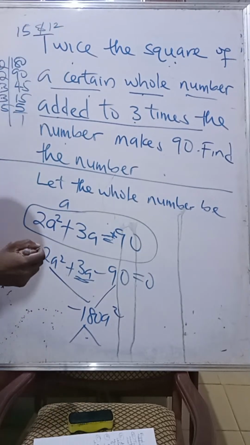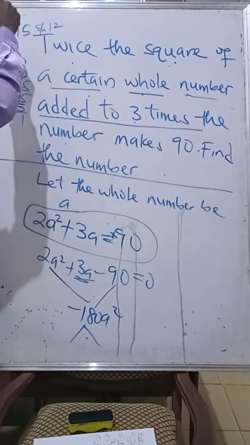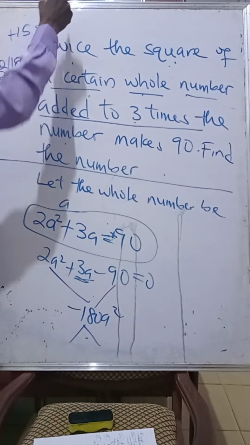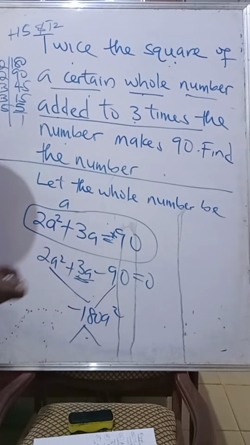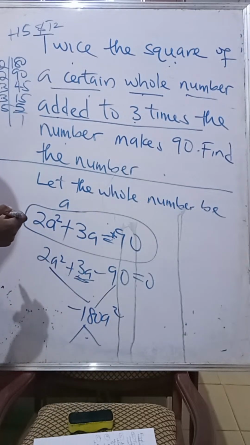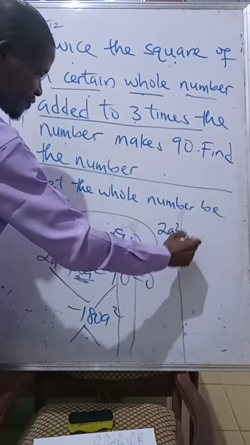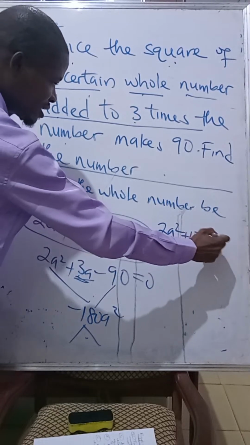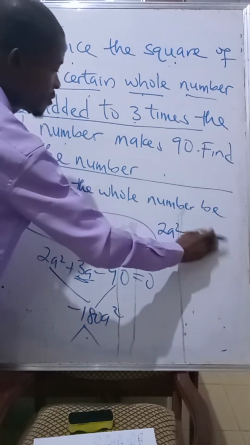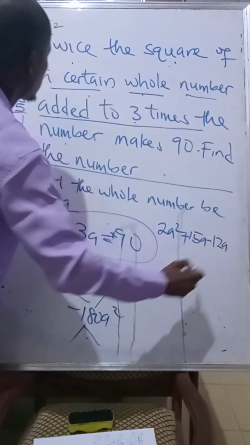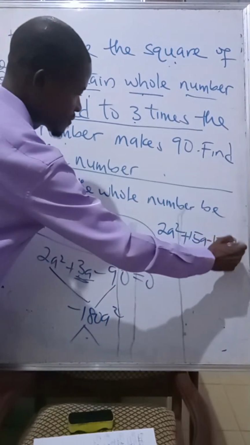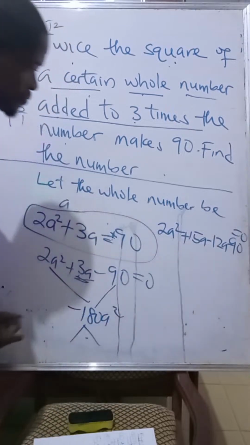12 and 15. That will be plus 15 and minus 12, which will give us 3. Okay. So we now have 2a squared plus 15a minus 12a and then minus 90 equal to 0.